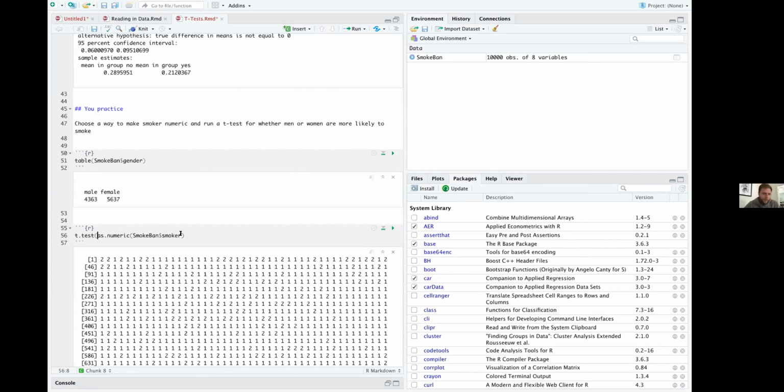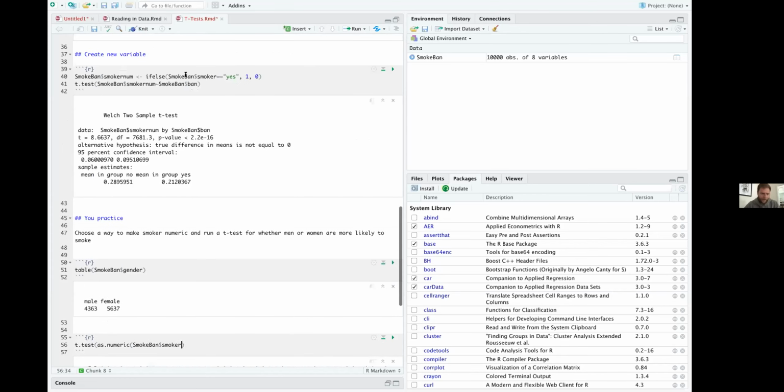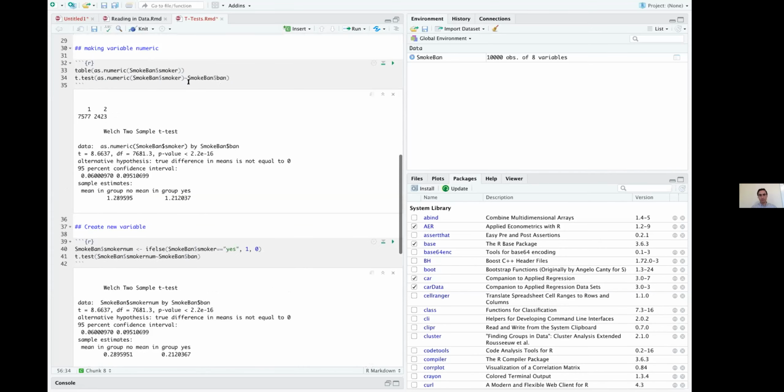So we want it in the t-test, and we want to know about whether men or women are more likely. So then we have one variable is whether it's a smoker, and then the other is gender, right? So then we use the tilde.